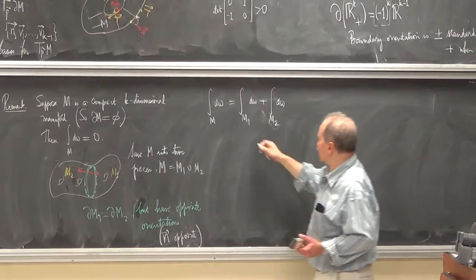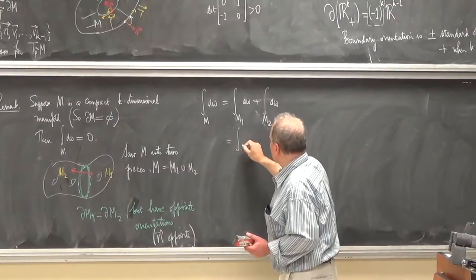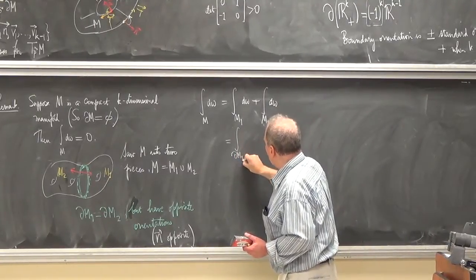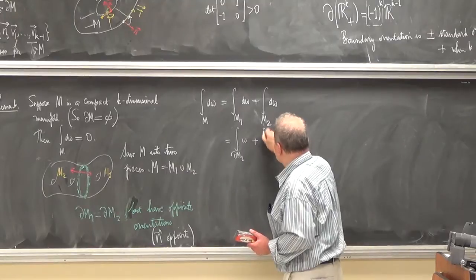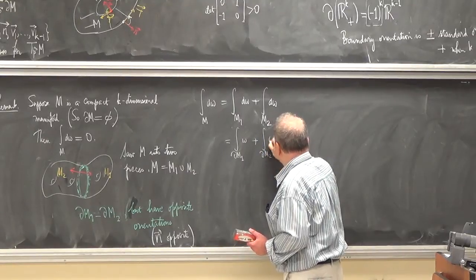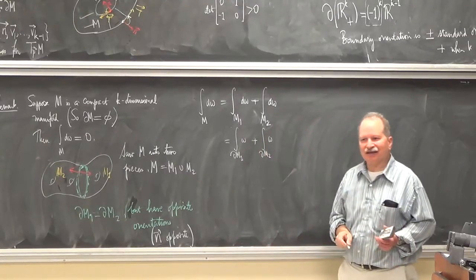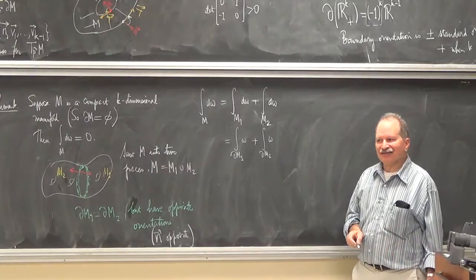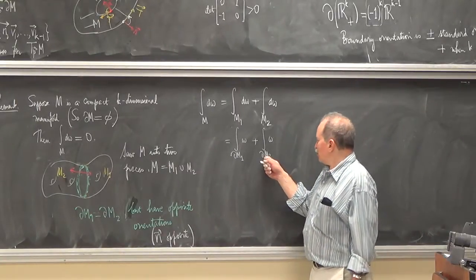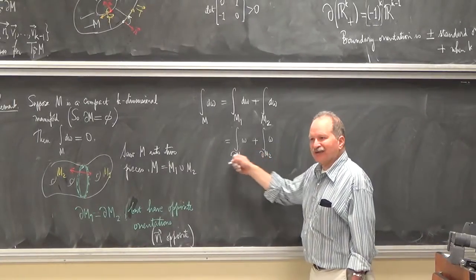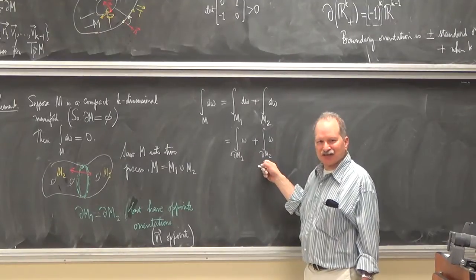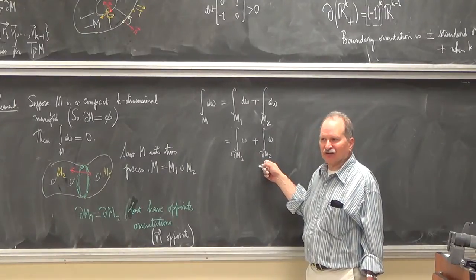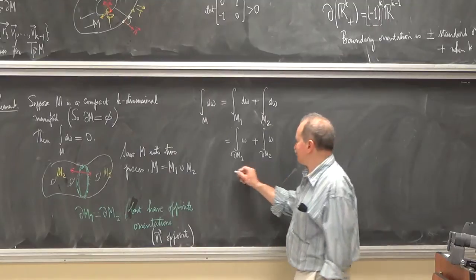But by Stokes Theorem, this is the integral over the boundary of M1 of omega, and this is the integral over the boundary of M2 of omega. So what did we just say? We said these are the same manifold, but they have opposite orientations. So what happens when you do the integral? It switches.